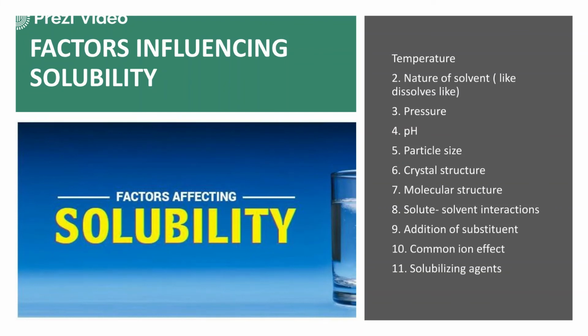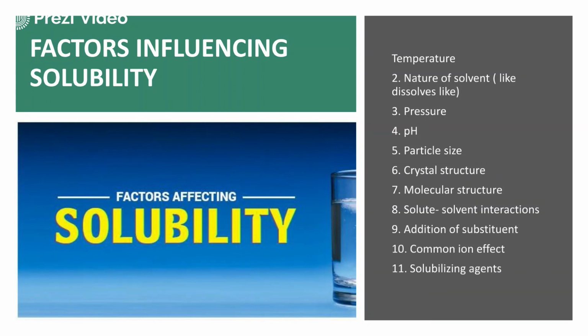As I told you, polar solutes get dissolved in polar solvents, and non-polar solutes get dissolved in non-polar solvents. Then it also depends on pressure, pH, and particle size. The finer the particle size, the better the solubility. Crystal structures versus amorphous structures: since amorphous ones lack the lattice arrangement, they get solubilized very fast.